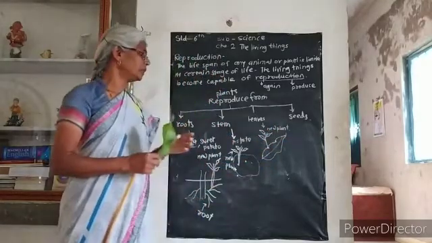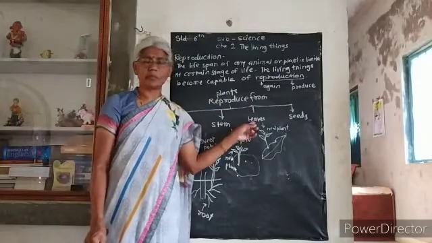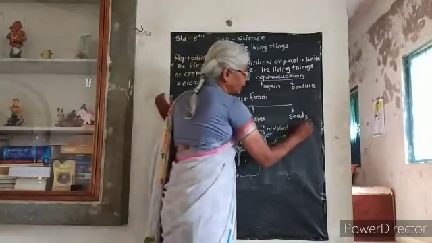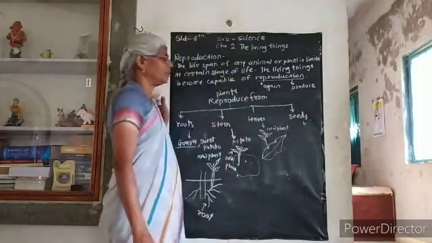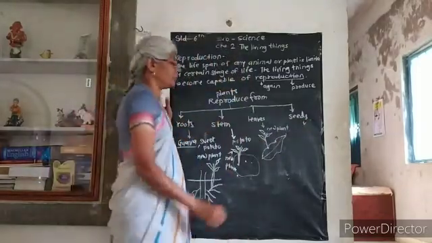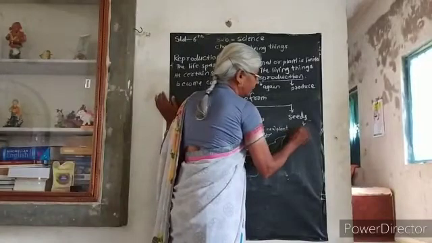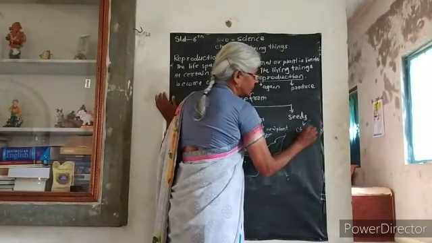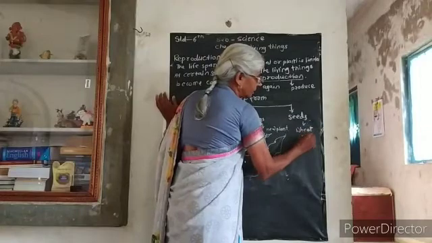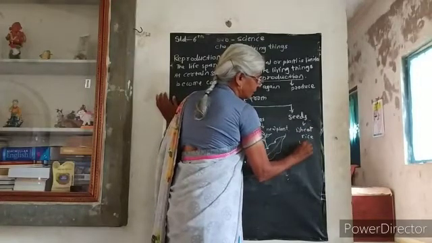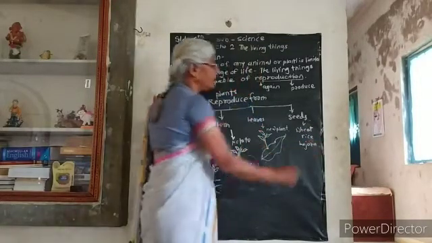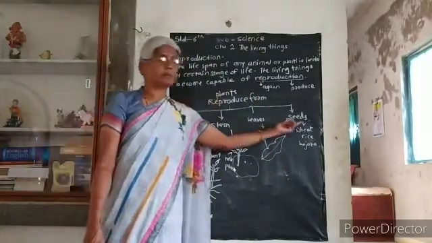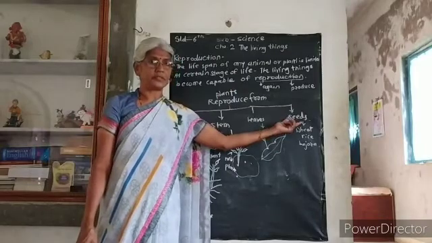Means the reproduction takes place with the help of leaves, and the reproduction in plants also takes place with the help of seeds. For example, wheat, rice, bajra, and many other examples in which the reproduction takes place with the help of seeds.